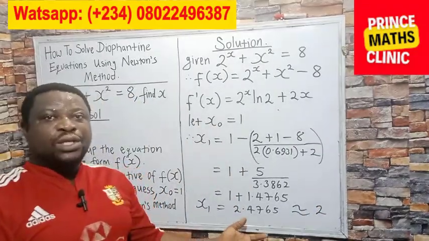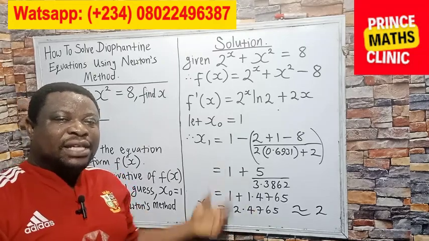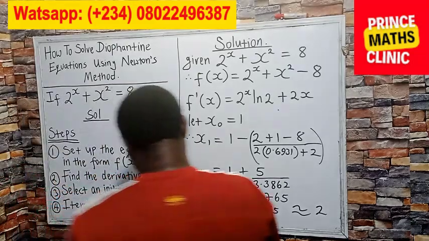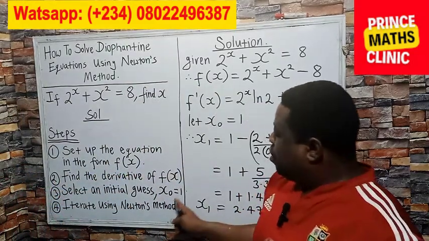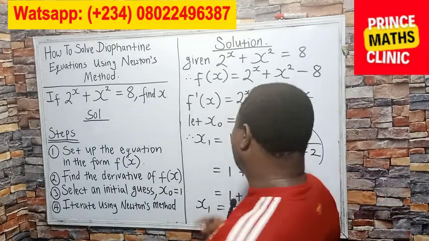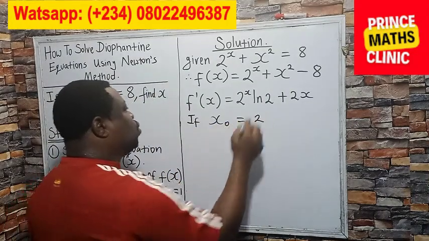But if you are not okay with the approximation, you can iterate for the second time, picking another value of x. So we picked 1, you can pick the value 2 here, and let's see how it's going to look like if we pick 2. x naught is equals to 2.